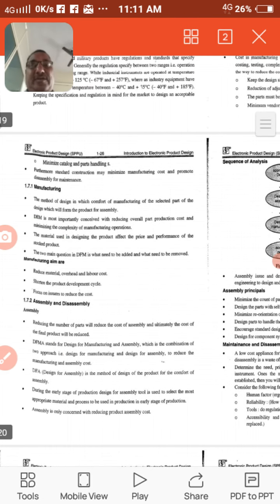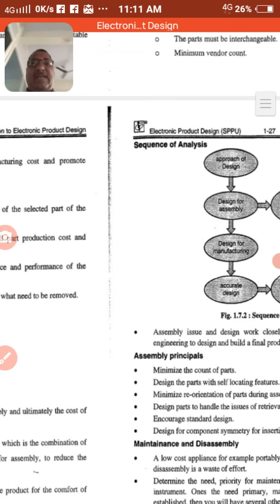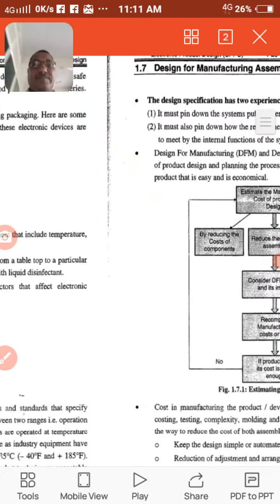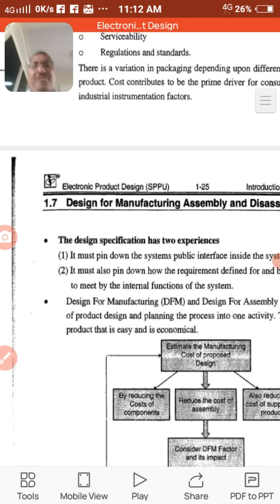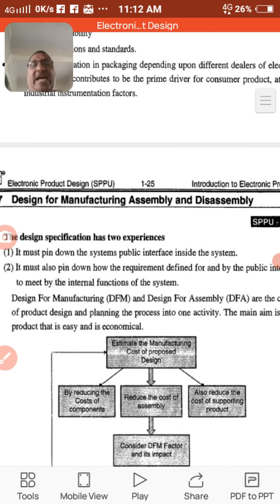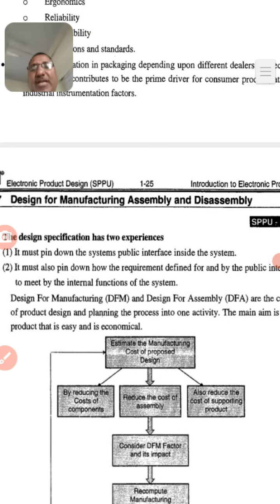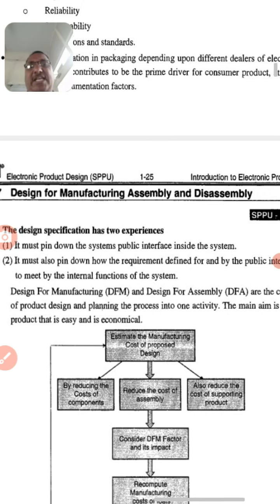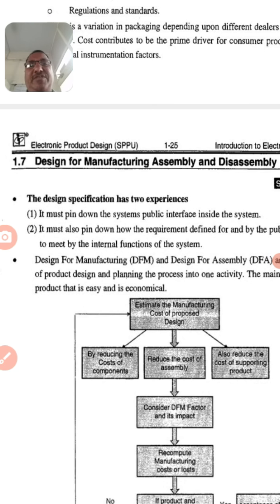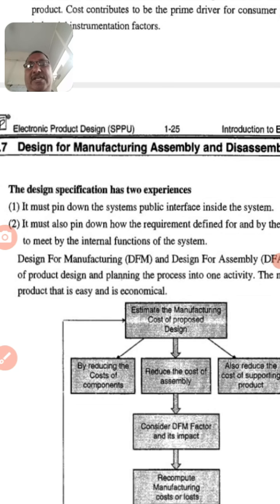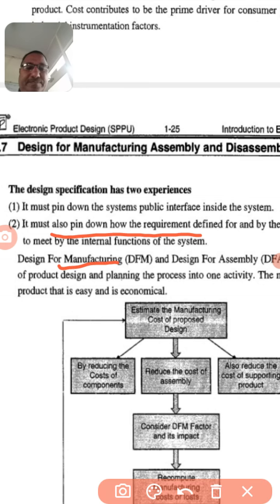Okay, so let us understand design for manufacturing, assembly and disassembly. I have given you an example. With that example, you will easily understand that the design specification has two aspects. It must pin down the system's public interface.